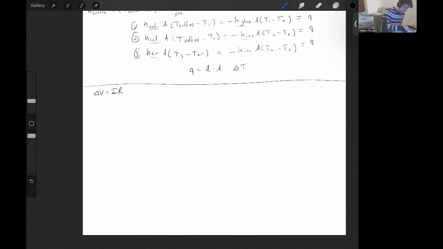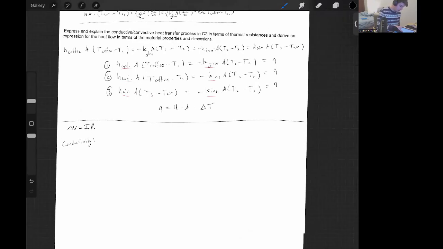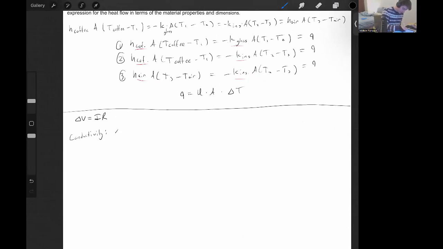Well, let's look at something like conductivity. When you look at the equation, conductivity looks a little something like this.